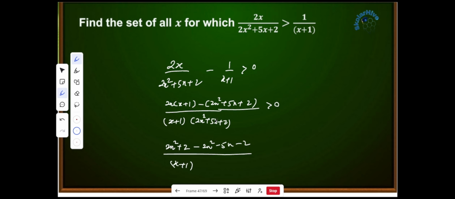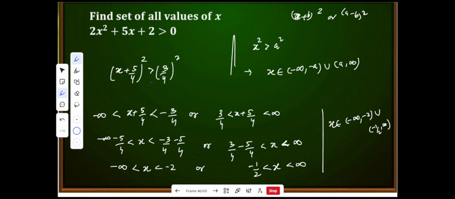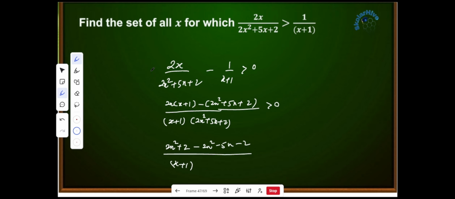Once we factorize 2x squared plus 5x plus 2, like you can see in the last example, we'll get (x plus 5 by 4) whole squared minus (3 by 4) whole squared.